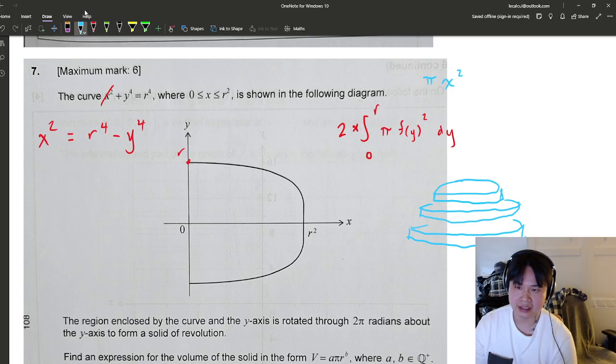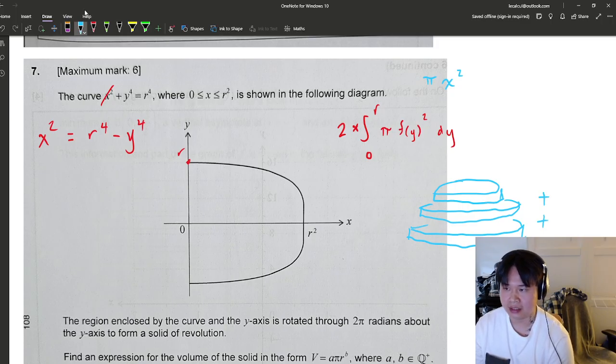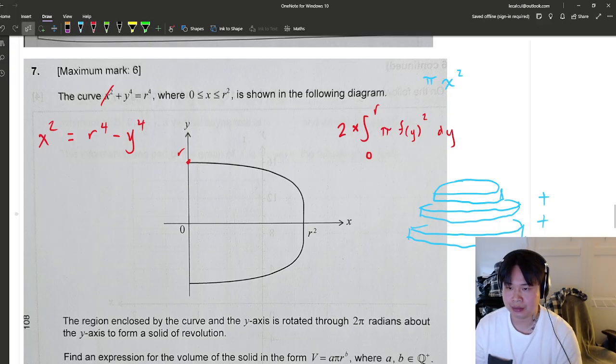And then essentially, you're just adding up the volume of these to get the total volume of the shape.